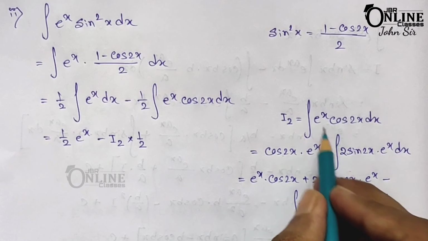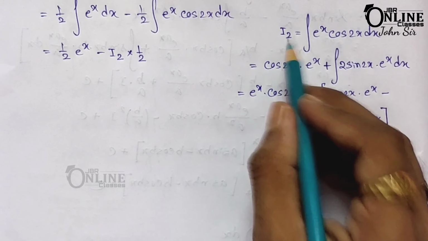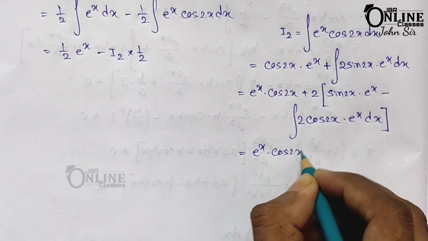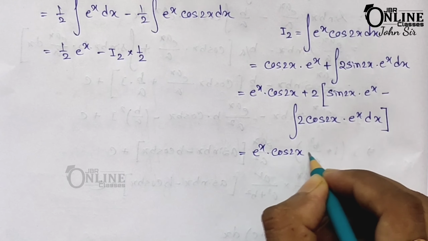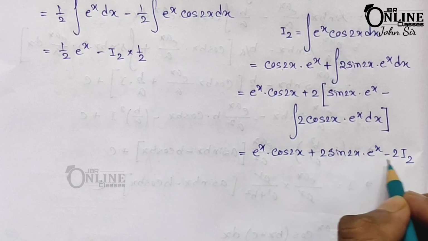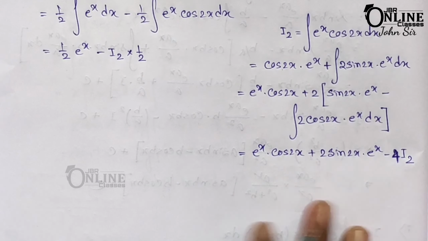So now e to the power x cos 2x integration, that equals I2. So write down e to the power x cos 2x plus 2 into sin 2x e to the power x, then minus 2 into I2, so minus 2 I2. Okay, and there will be another 2, so 2 into 2 becomes 4, so 4 I2.